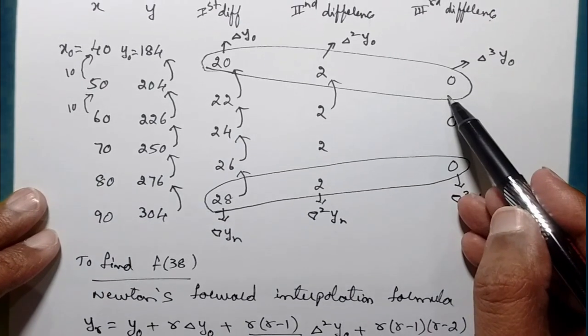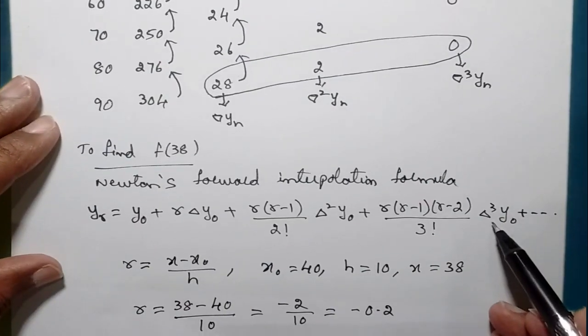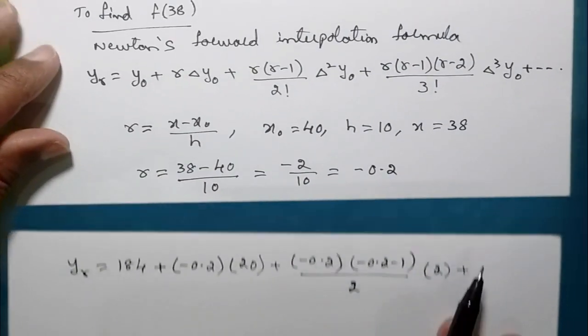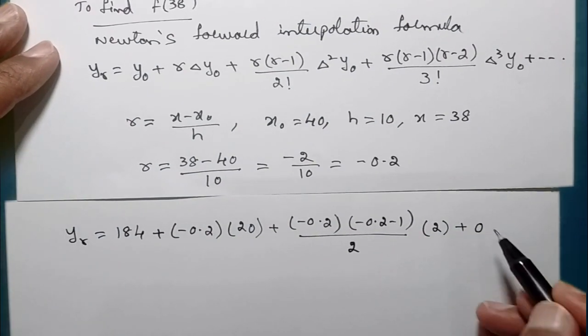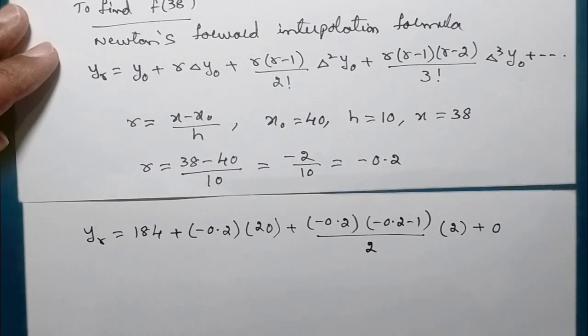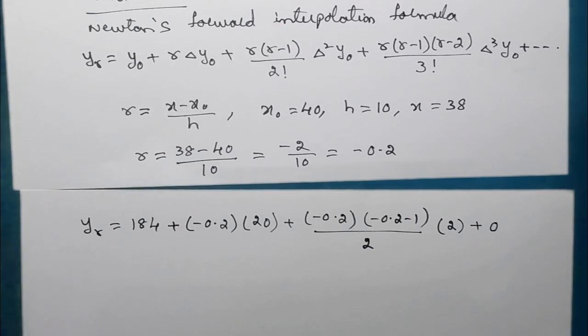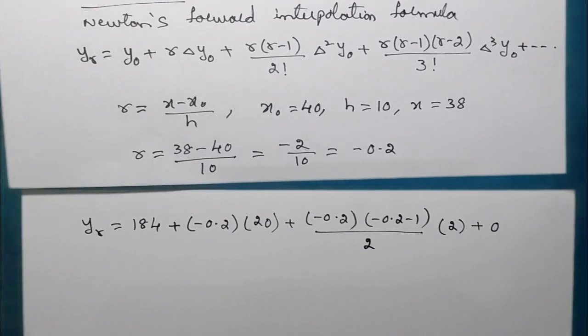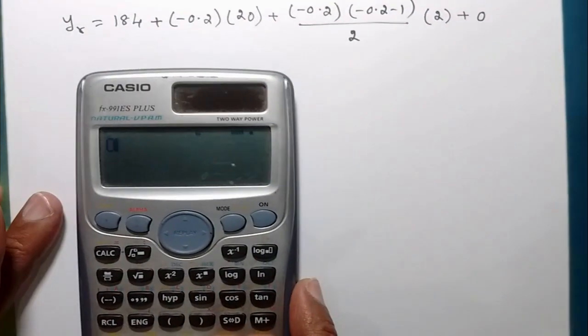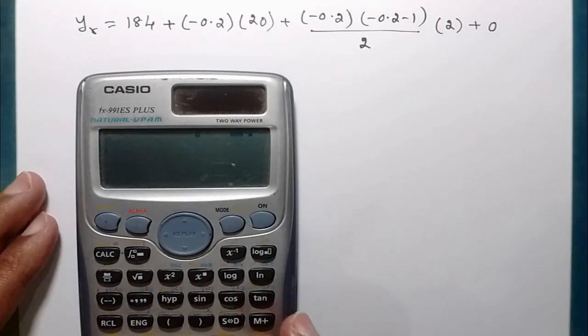Del cube y naught is how much? It is 0. Because this is 0, 0 into anything will be what? 0 itself. Therefore you can write the value to be 0 there. So you can just use the calculator to evaluate this value and check what the final solution will be. Just verify it. So I'm just typing it over here.